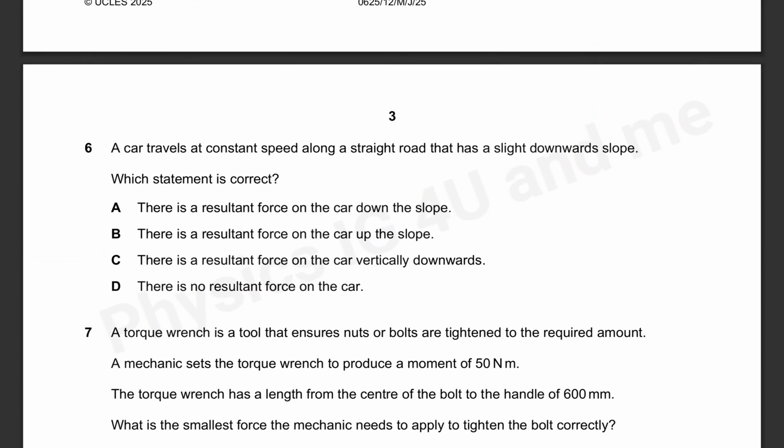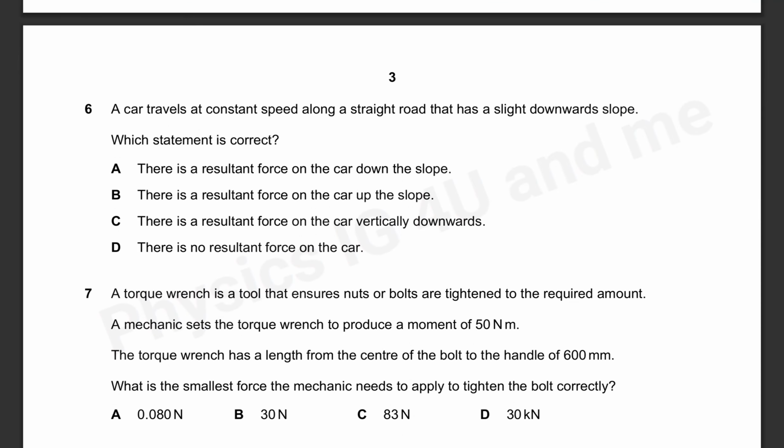Question 6. A car travels at a constant speed along a straight road that has a slight downward slope. The question is, which statement is correct? There is a resultant force on the car downward. No, here there is no resultant force. Why?